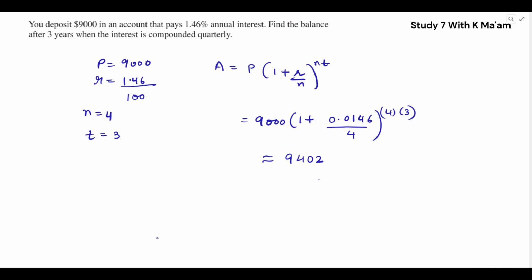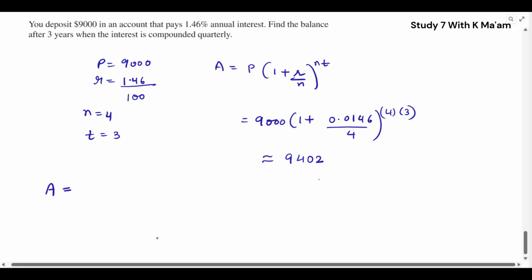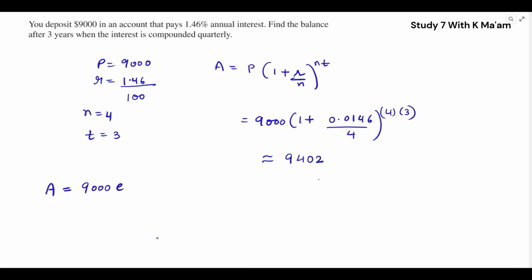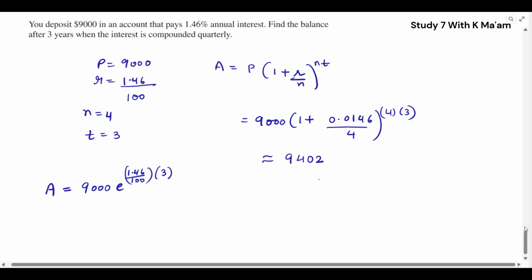If the same question is asked for the interest compounded continuously, then what is the answer? See, amount, principal, e to the power r, 1.46 over 100 into time. Time is 3 years. Let's see.